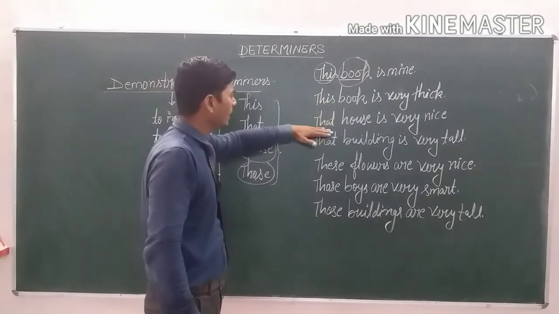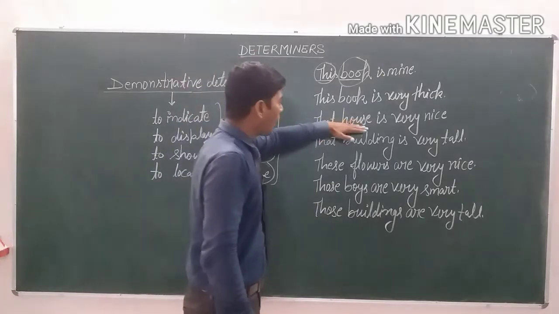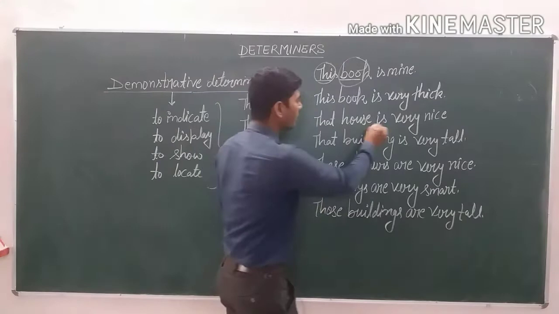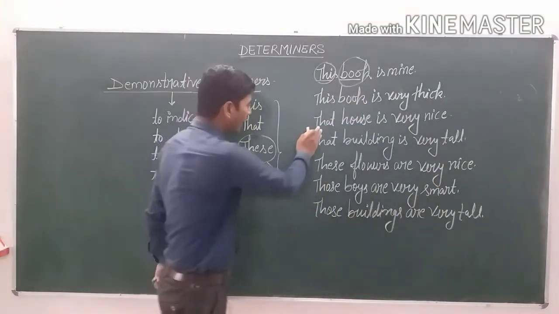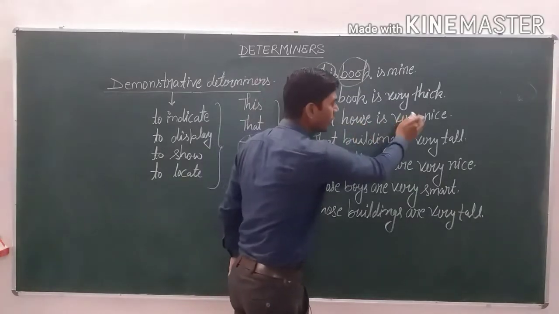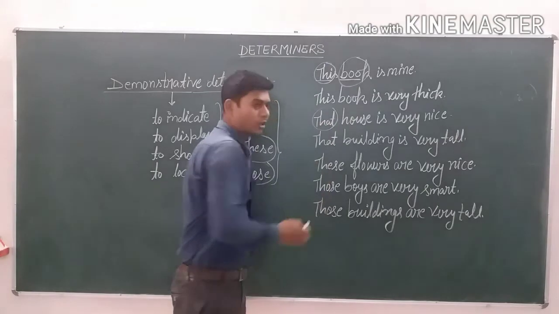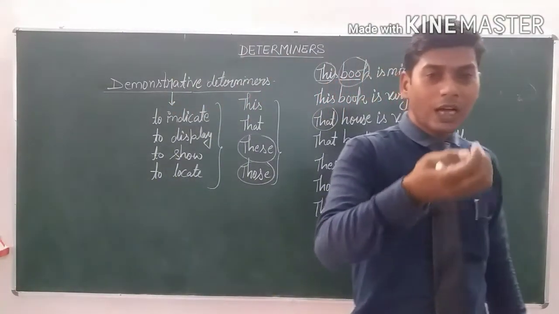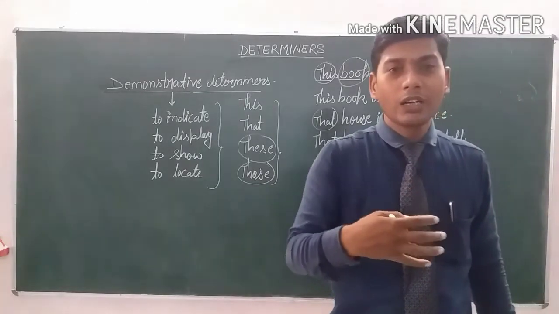Next word, I have written that and added house is very nice. Sorry, very sorry. That house is very nice. The word that expresses the house is not nearer to me, not nearer to the speaker or reader.